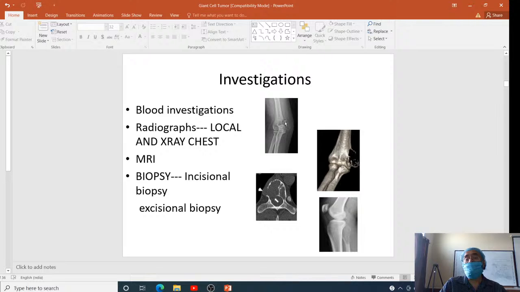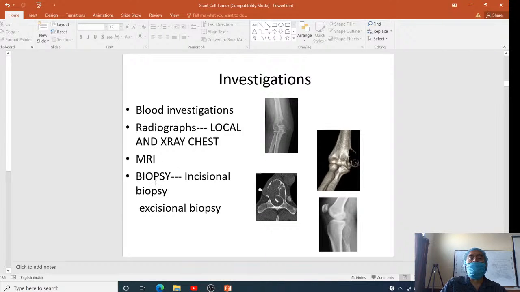After surgery, as we have already seen, this becomes more malignant. If your surgery is not adequate, then even a simple thing will become a complicated one. So you should know the extent of the tumor, and for that you need an MRI. And for any bone tumor, or any tumor anywhere in the body, what is the gold standard?